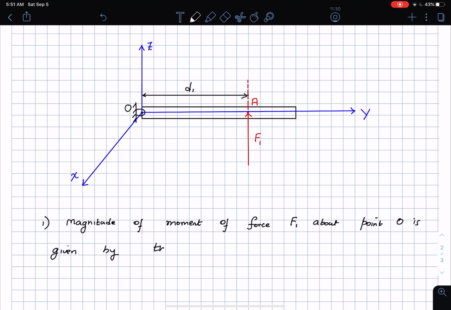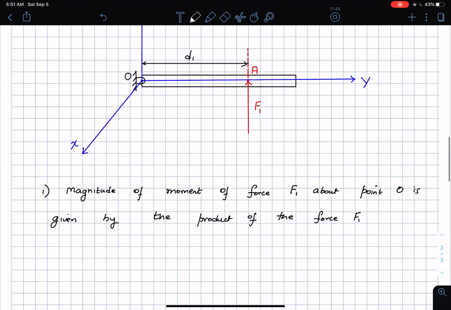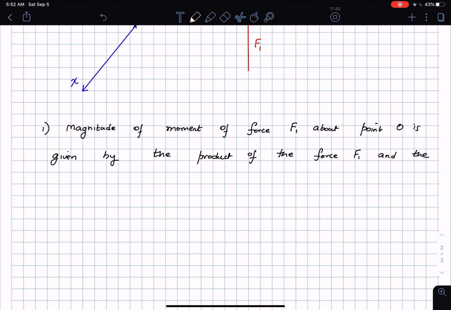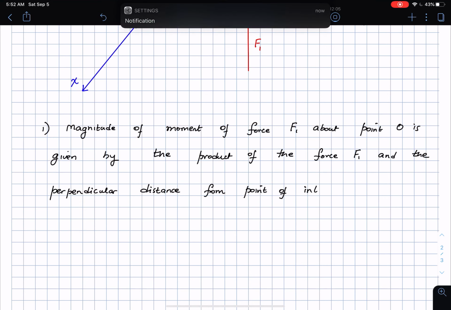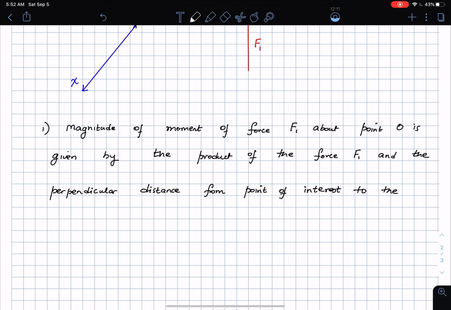the product of the force F1, which means its magnitude, and the perpendicular distance from point of interest to the line of action of the force.